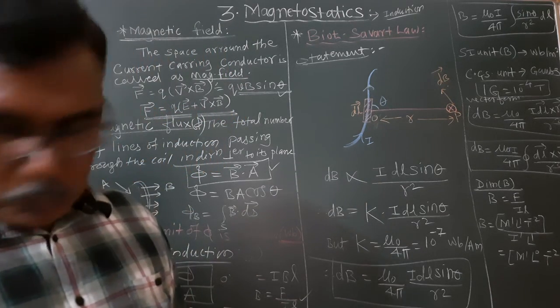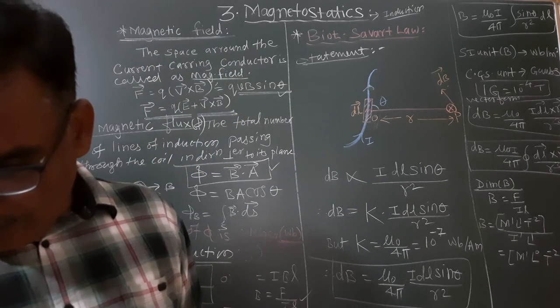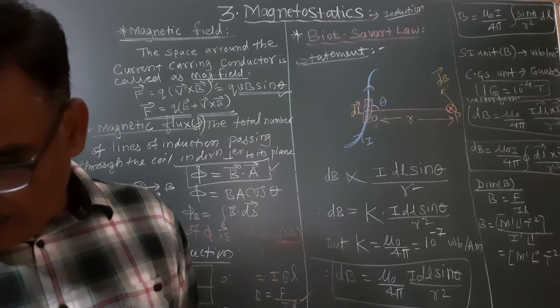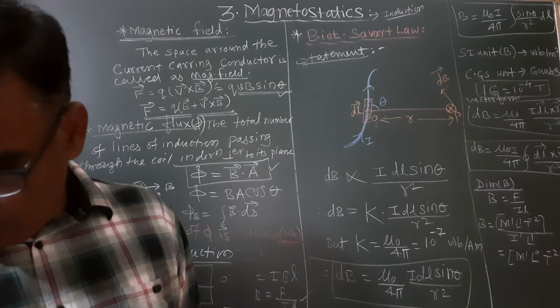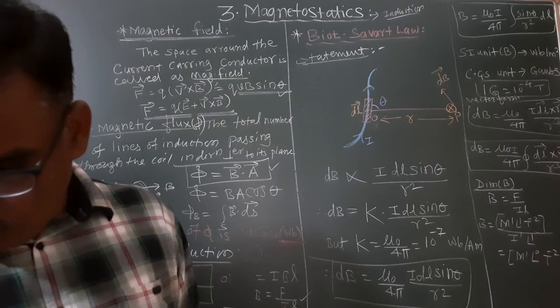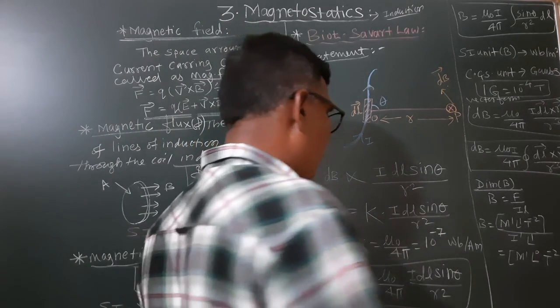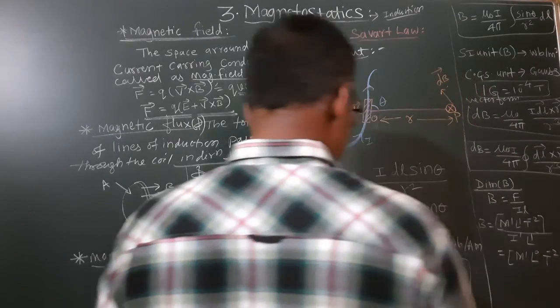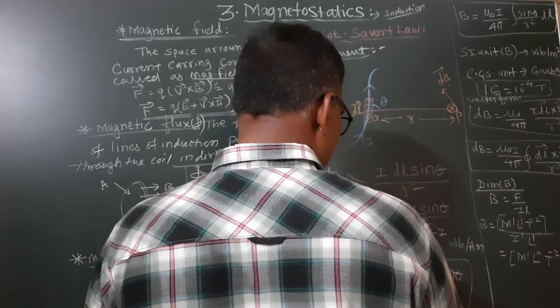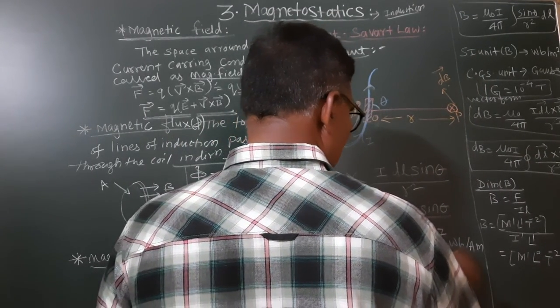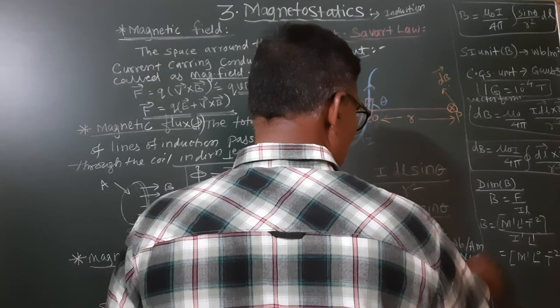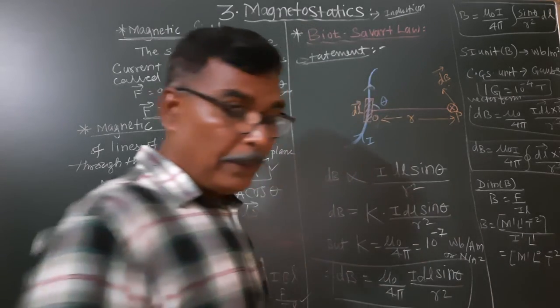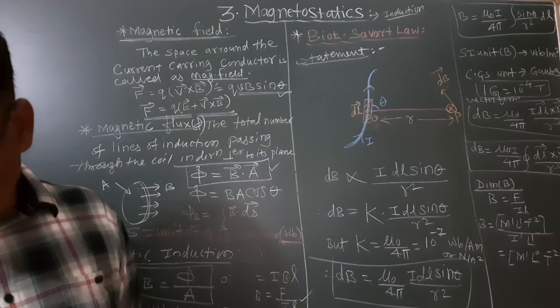T minus 2 and I minus 1. Mu 0 has another unit, that is Newton per ampere square.